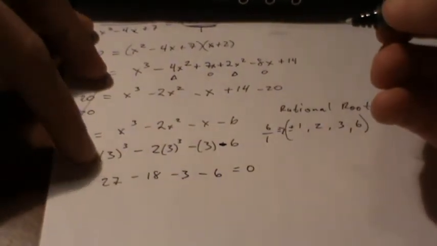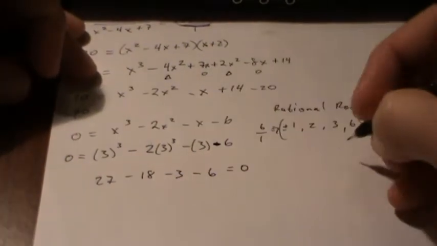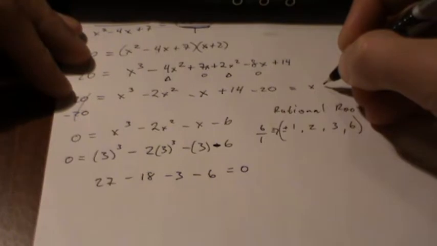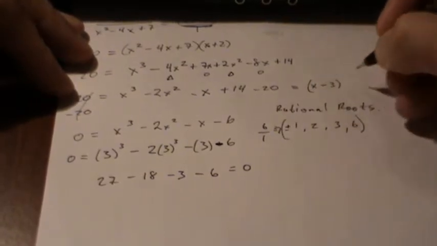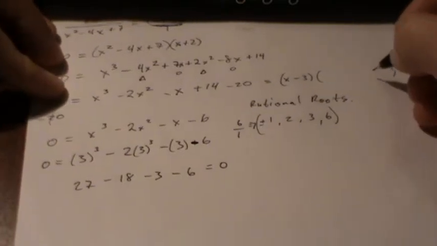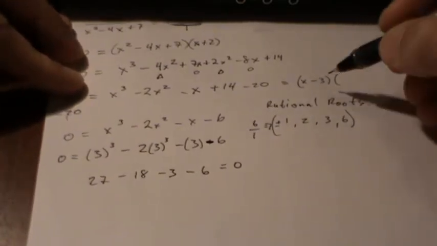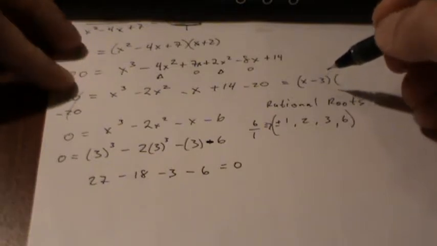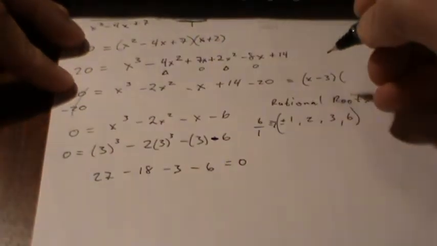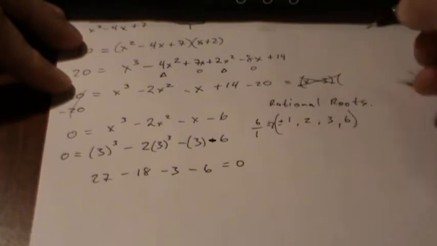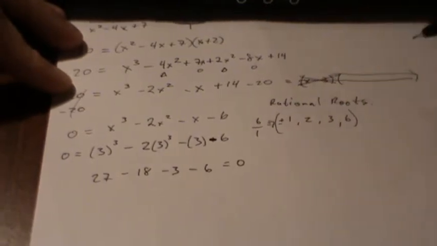So if 3 is 0, then one of the factors of this is x minus 3. Now I'm going to have to get the other factor. I'm going to try and pull out the x minus 3 with synthetic division. Actually, this is not written in the correct spot.